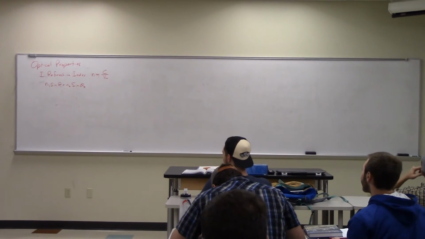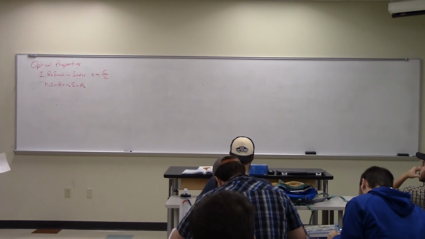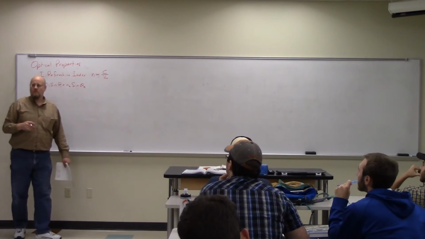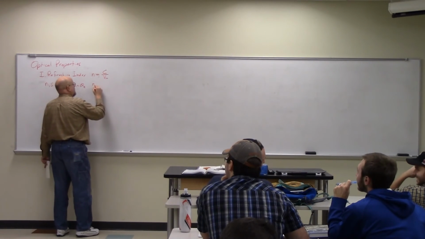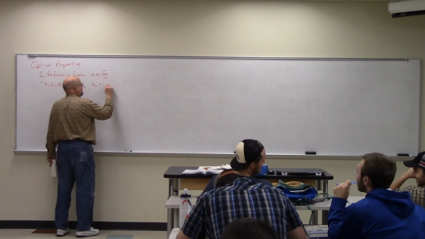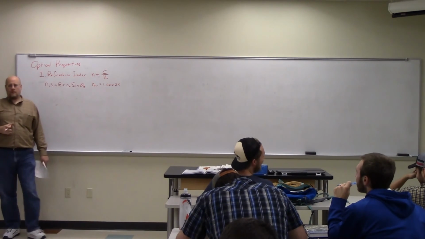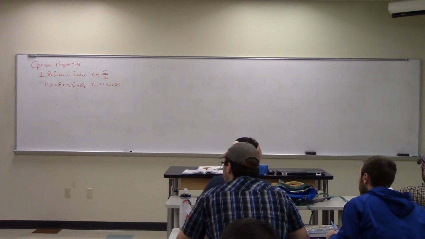So what is the refractive index of a vacuum? 1. What is the refractive index of air? 1.00029 is the refractive index of air. So it's not 1, but at 4 sig figs, it's 1.